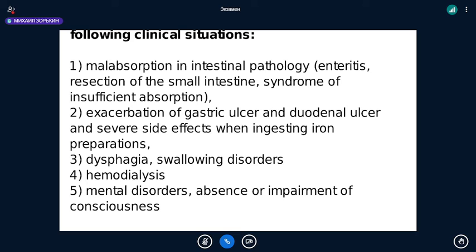All of these are indications to go for the parenteral therapy. And the most common reason here is malabsorption.